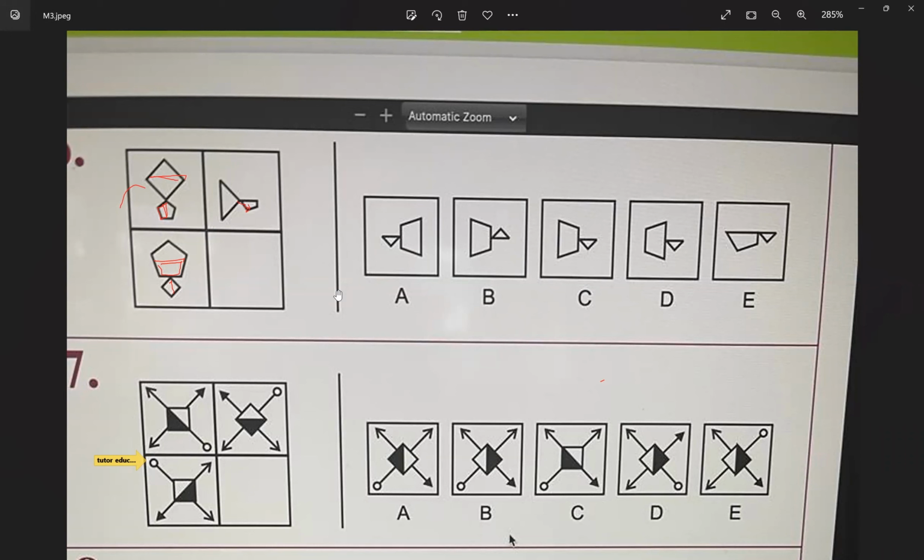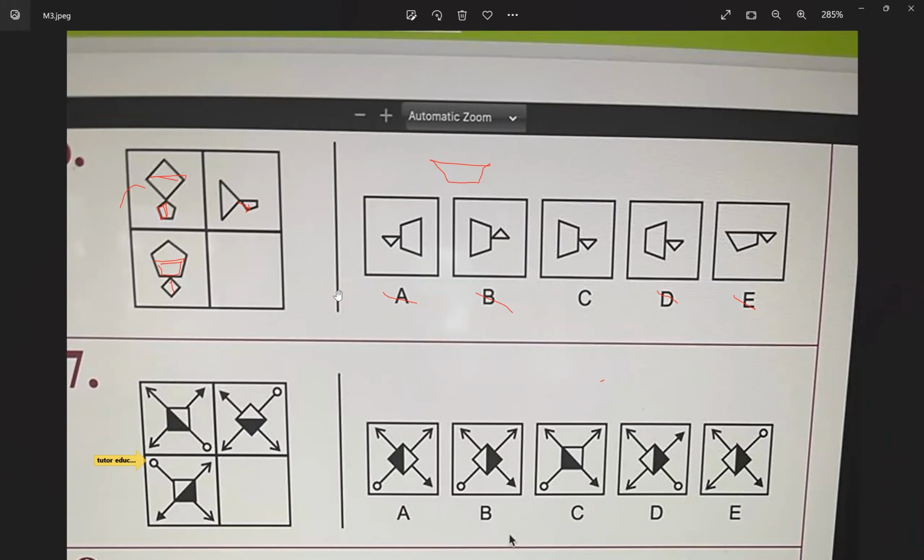So it's not B or E because E is cut horizontally, and in B the triangle's pointing up. Then it's not D because when you cut it, the wider part would be at the top like this, and that's not how it looks in D.